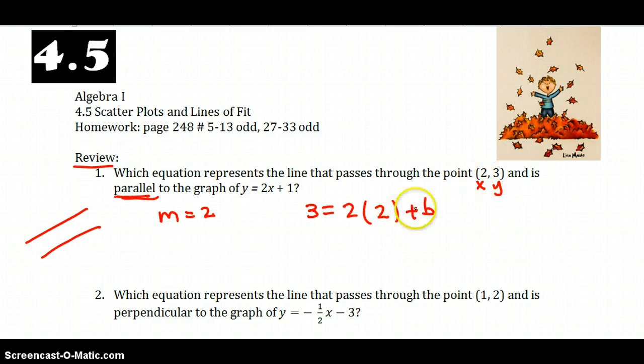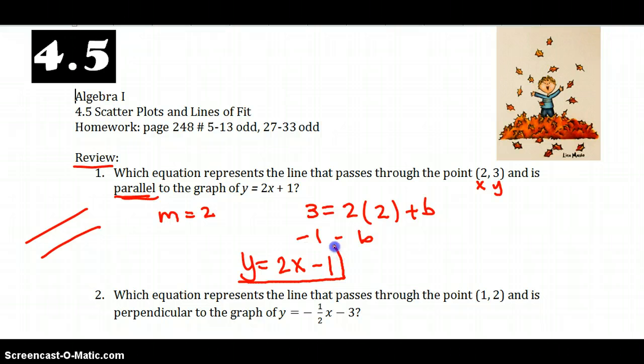I plugged in my x and my y and my slope. And when I solve for b, I find out that b is going to be -1. So the equation of my parallel line is y = 2x - 1, where -1 is the y-intercept.